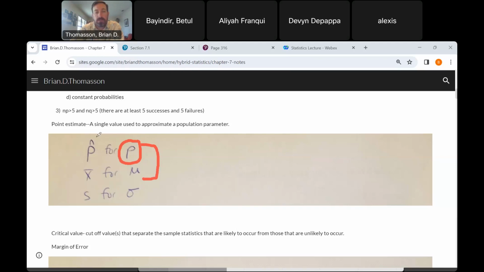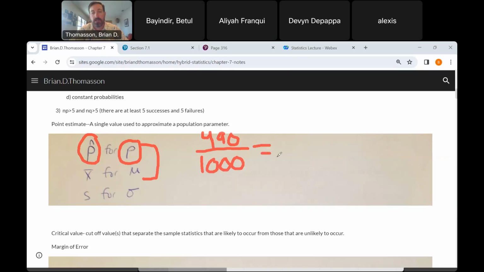What we do is use p hat, our sample proportion, to estimate P. P hat just comes from a sample. For instance, if we sample 1,000 people around the United States to figure out how many of those 1,000 smoke marijuana, and maybe 490 of them do, our estimate would be 490 over 1,000, or just 0.49.